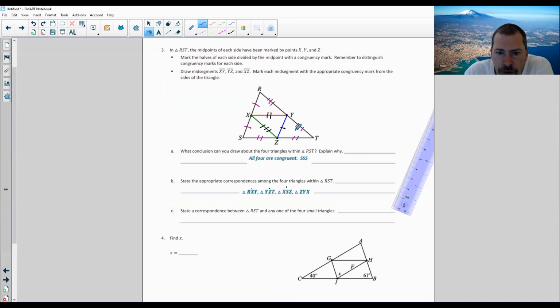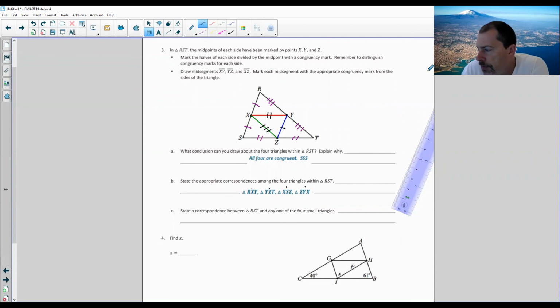So you have to go in the proper order, but this triangle here is rotated 180 degrees. So if I say RST, then I have to say ZYX, and that is right there. State the correspondence between triangle RST and any one of the four small triangles.